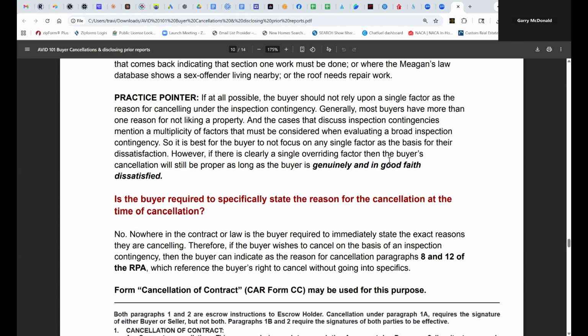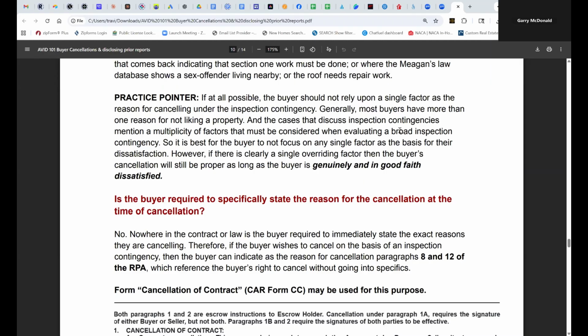So it's best for the buyer to not focus on any single factor as a basis for their cancellation, as a basis for their dissatisfaction. However, if there is clearly a single overriding factor, the buyer's cancellation will still be proper as long as the buyer is genuinely and in good faith dissatisfied.